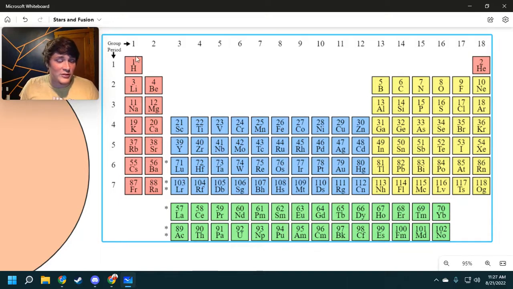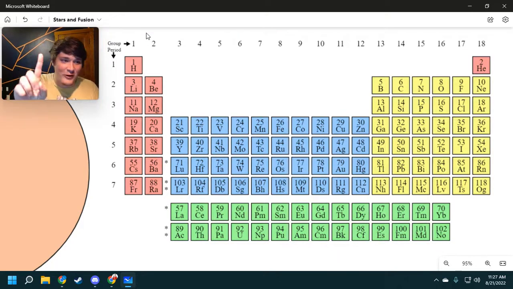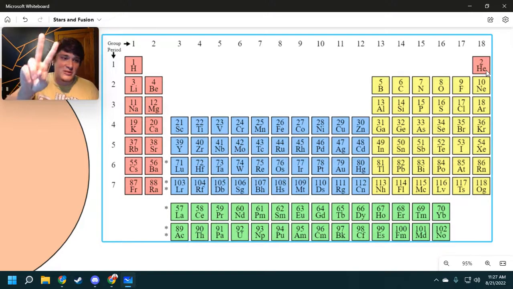So our first element on the periodic table, element number one, that's hydrogen. It has one proton. We can call it size 1. As we go up the scale to helium, it has 2 protons. It is size 2, basically. And 3, lithium, it's getting a little bit bigger. Beryllium, a little bit bigger. Boron, a little bit bigger. So on and so on.